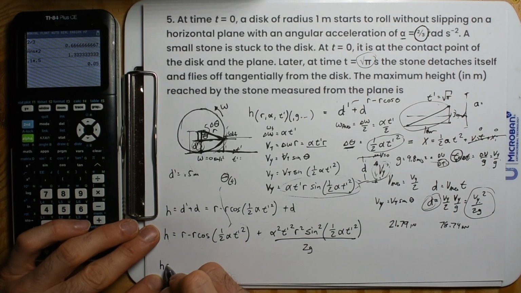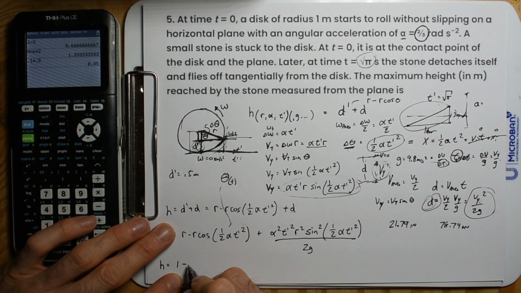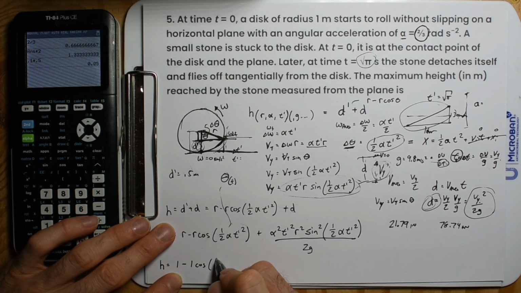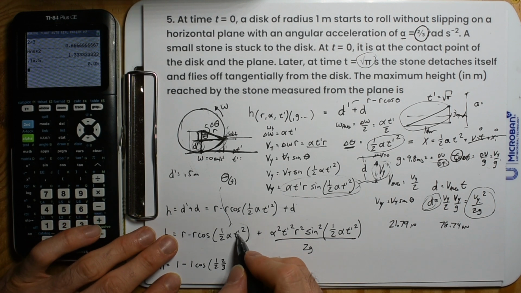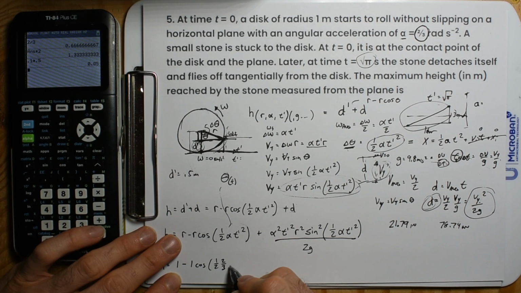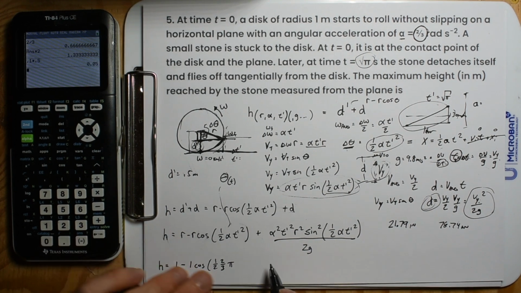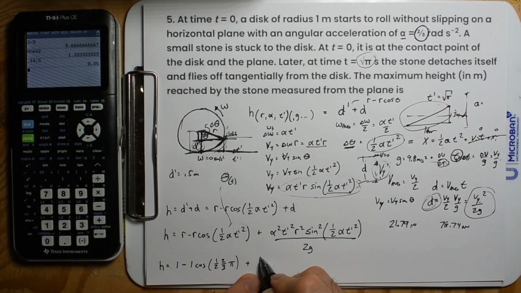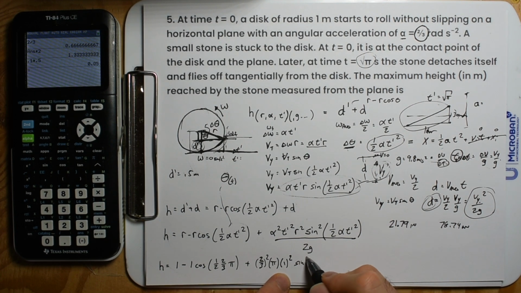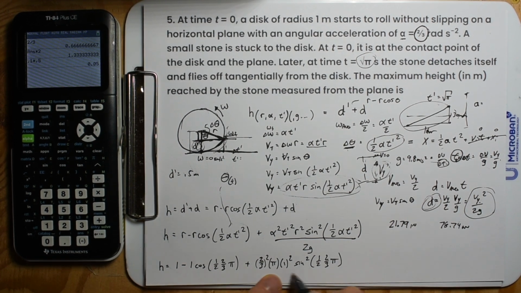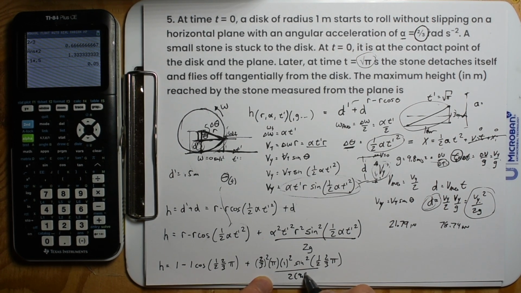So now we can just write the final equation. So we have 1 plus 1 cosine of 2/3 pi, plus the square root of pi squared, I'm just going to say pi, plus 2/3 squared pi, because it's the square root of pi squared, 1 squared sine squared of 2/3 pi, divided by 2 times 9.8.